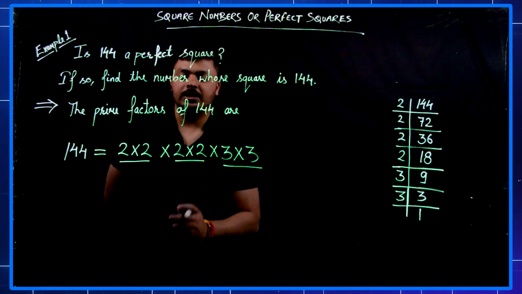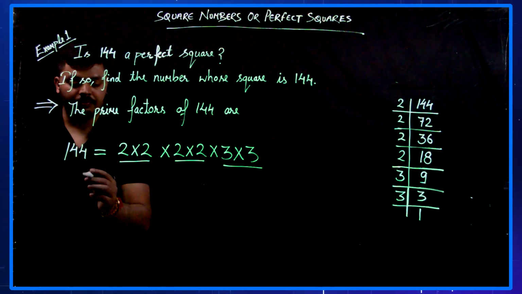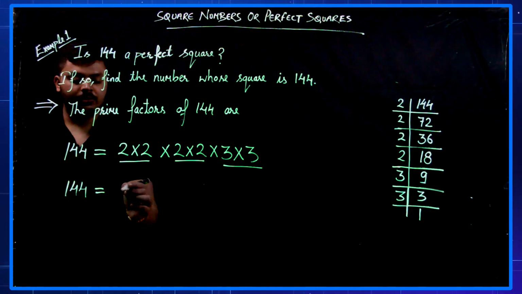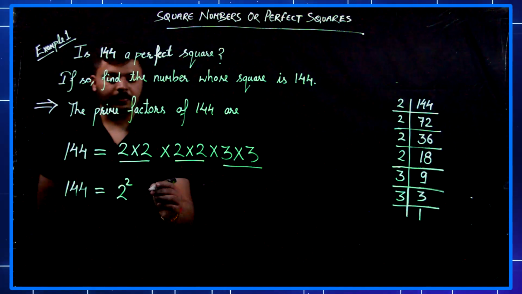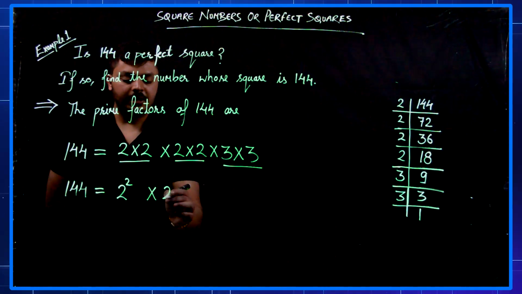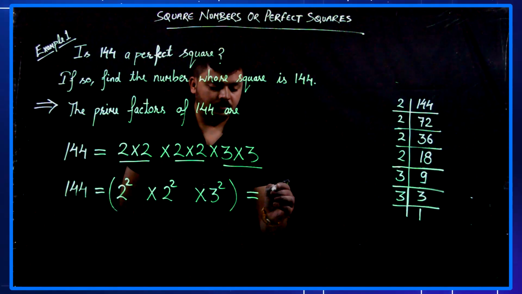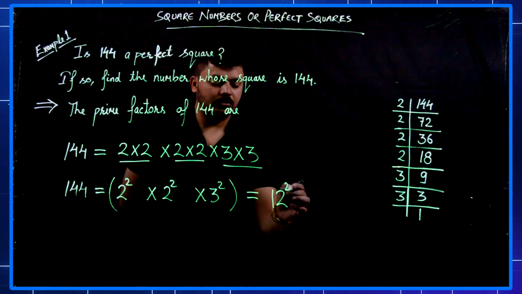So we have constructed the pairs, and we can also write 144 equals 2 square multiplied by 2 square multiplied by 3 square, which is equal to 12 square.